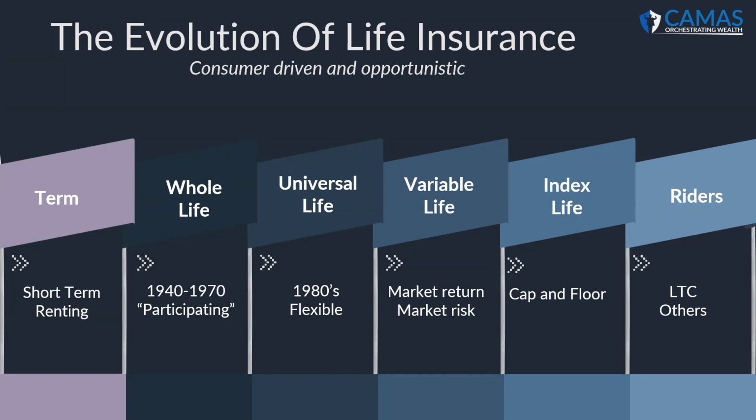And the new evolution is a lot of new riders that can be attached to the policy to provide long-term care, chronic illness, terminal illness, ways that you can accelerate your death benefit to take care of you now and prior to death. So all of these evolutions in the life insurance policy world bring us to the question, do you have what you need?